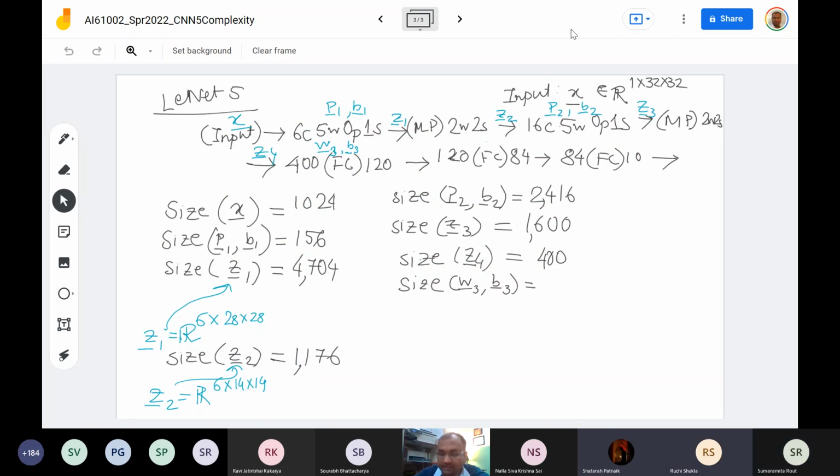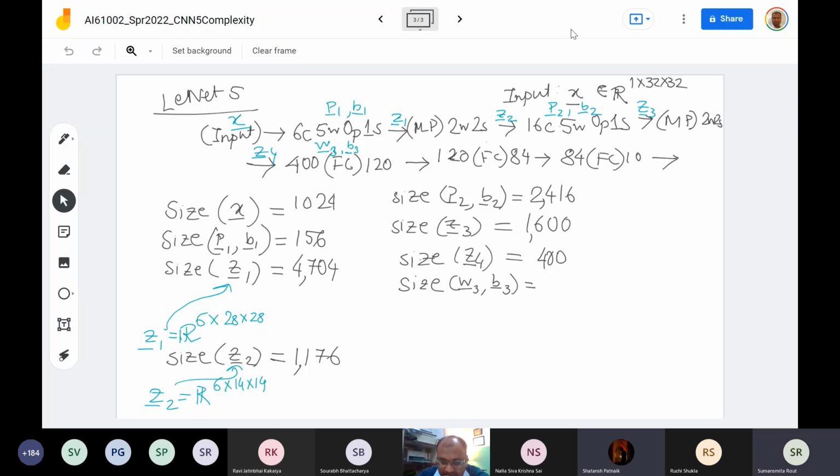So after the flattening happens, Z4 isn't there anywhere. This 16 cross 5 cross 5 won't be there after flattening. Yes. Can you explain why the max pooling layer is not preserving the space?